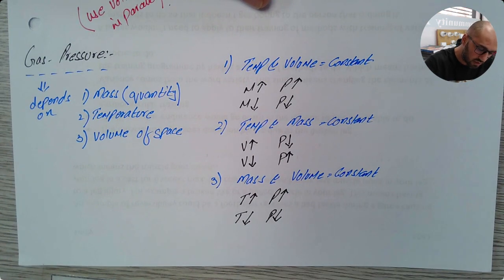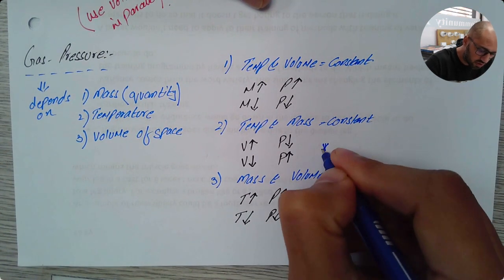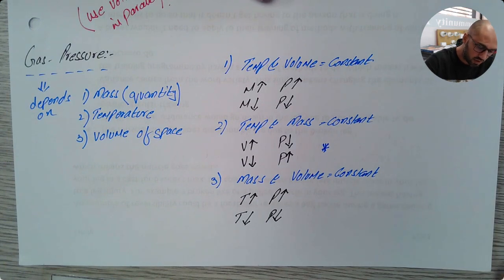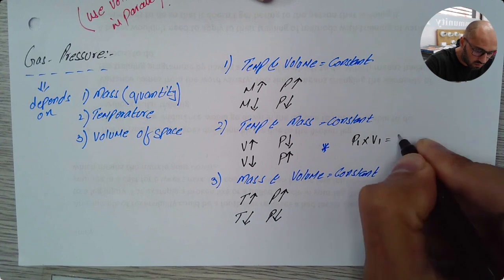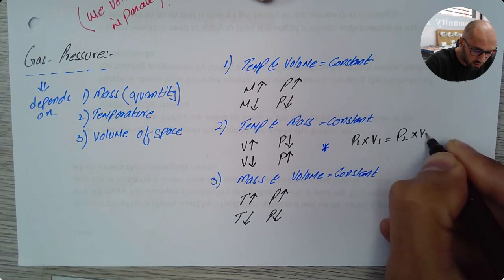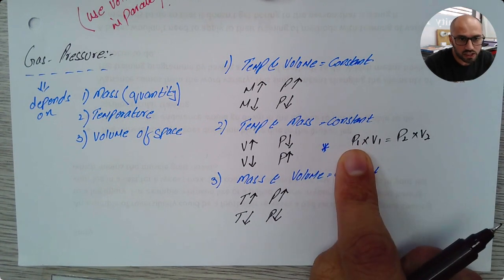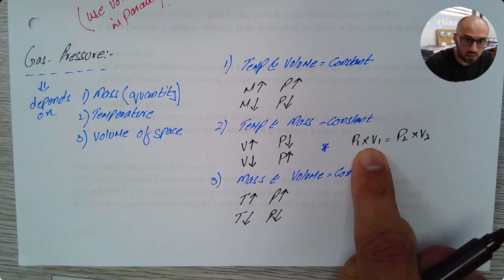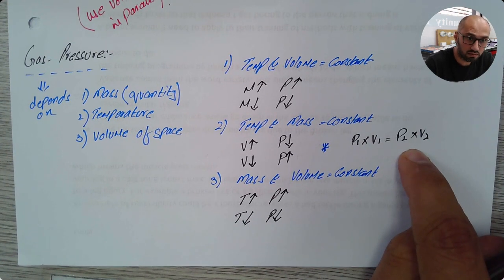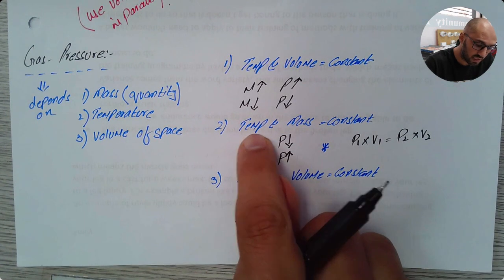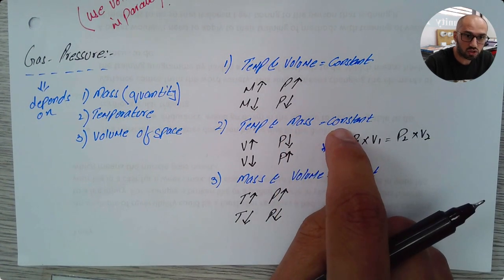Now for this case, we do have an equation, and that equation is P1 times V1 will be equal to P2 times V2. So we are saying the product of pressure and volume at state 1 will be equal to pressure and volume at state 2 for a given gas, provided the mass and temperature does not change.